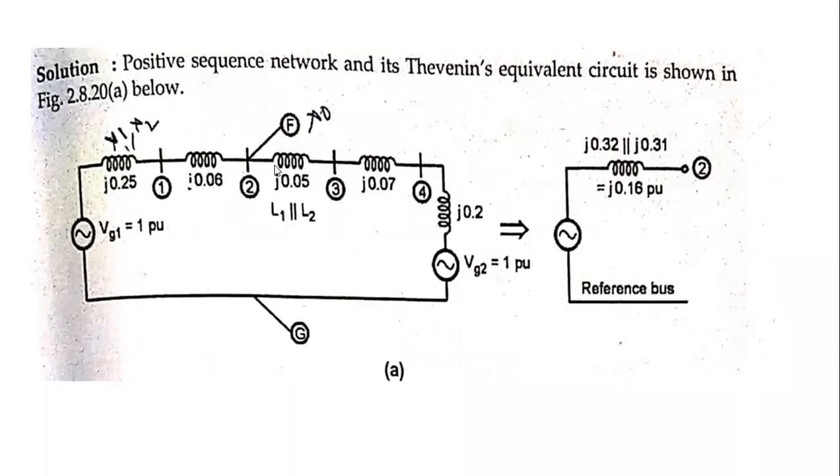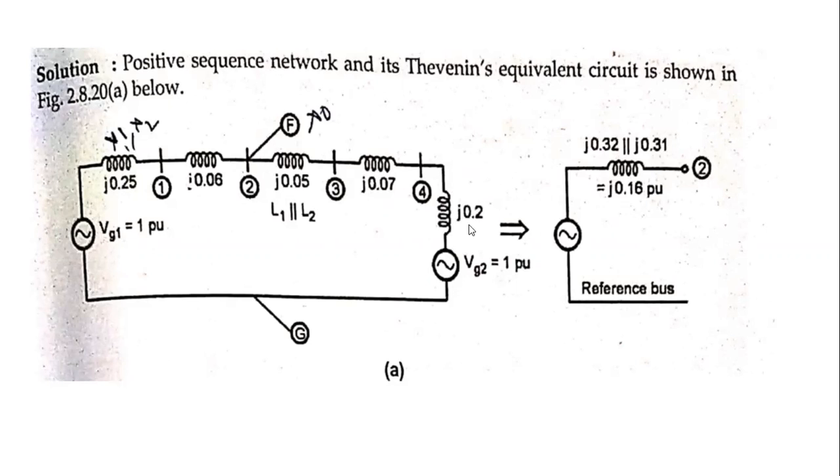Transmission line is also reactance, but both the transmission lines are connected in parallel, L1 parallel to L2. Next is transformer 2. What is the equivalent sequence network for that transformer 2? That is J0.07.